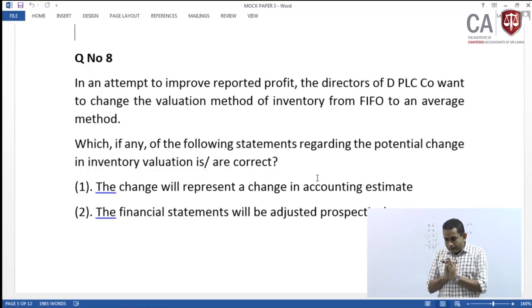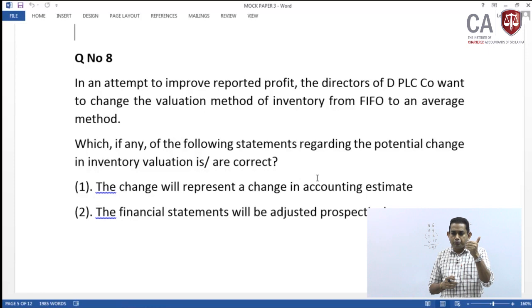Since this is an accounting policy change, retrospective application is what is required. You need to go on changing the financial statements from the previous years right up to the current year. So, this is not an accounting policy change. The first one is wrong. The financial statements will be adjusted prospectively, even that is wrong. Prospective adjustments are done where there are changes in accounting estimates.